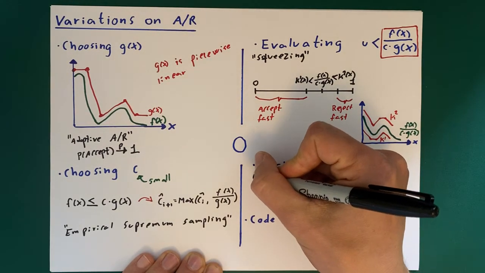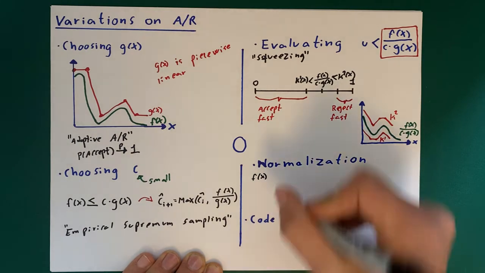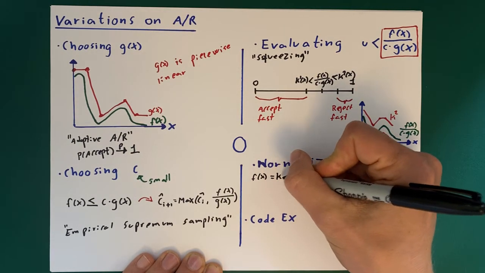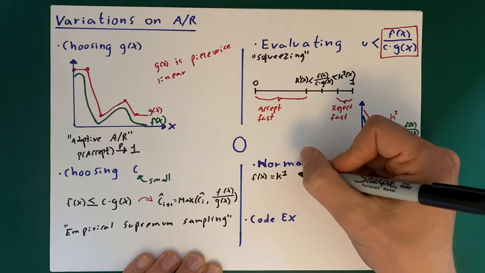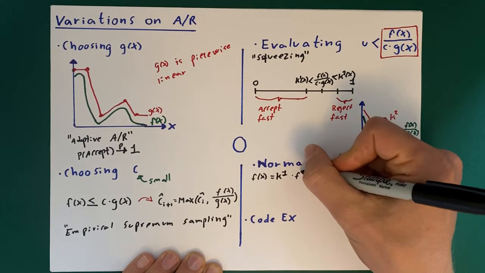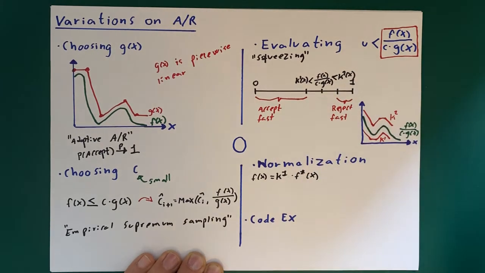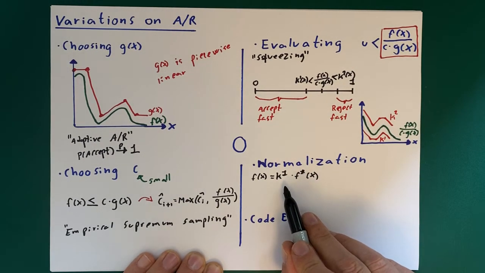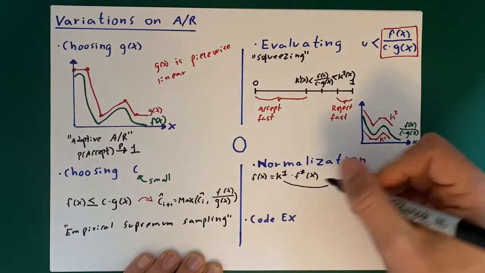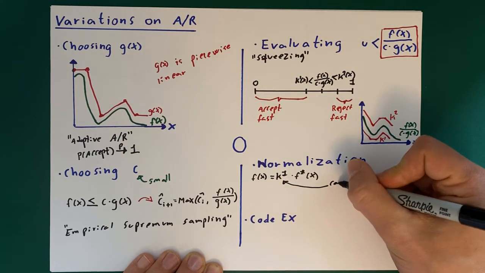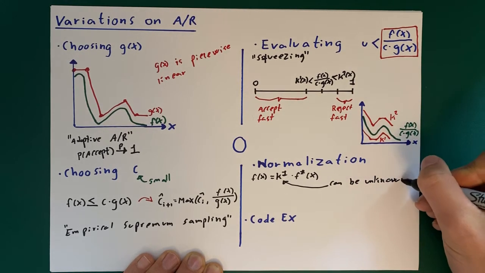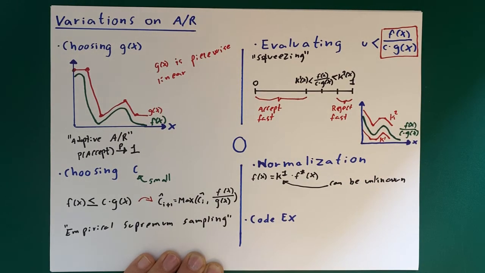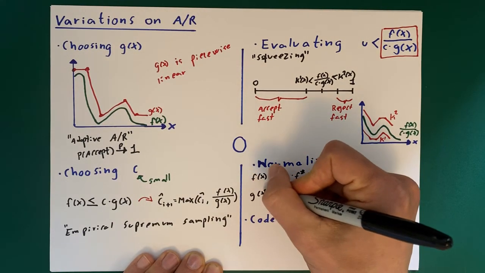So what I mean by that is, if we want to sample from f of x and it's given by something like K1, and it's a different K1, I just like to use K's for constants, times f star x, we don't need to know this normalization constant. So what I mean is that this can be unknown. So we don't even really need to know the density which we want to simulate. We only need to know it up to a constant. And the same thing is true for our g function.